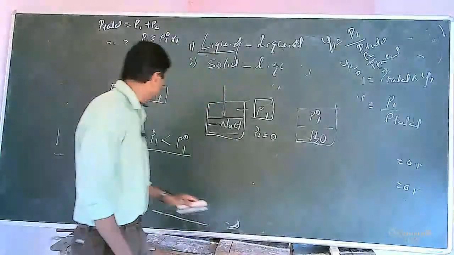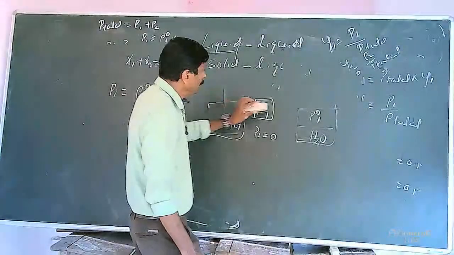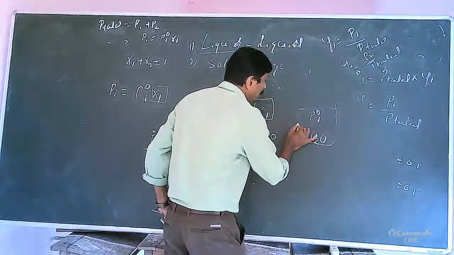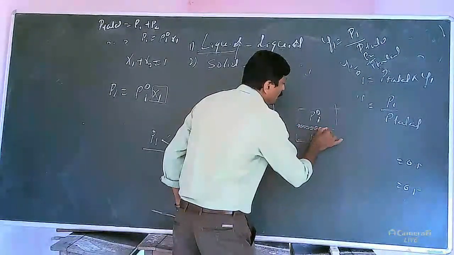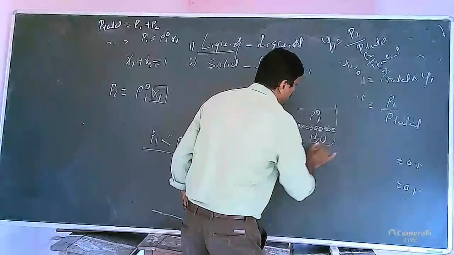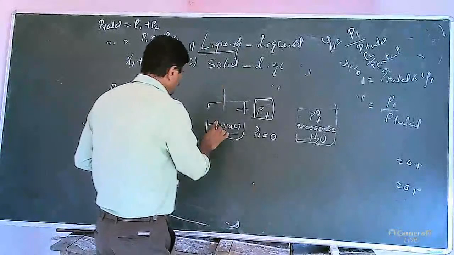P1 is always less than P01. Why? Because in pure water, the surface is covered by only solvent molecules. The total surface area is covered by only the solvent molecules.